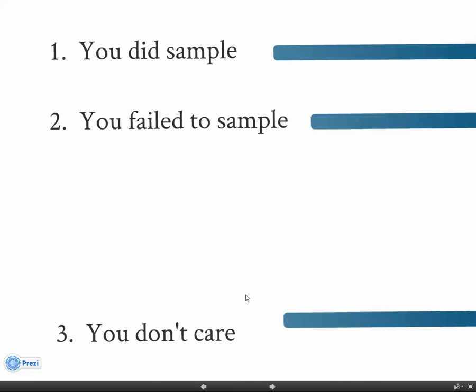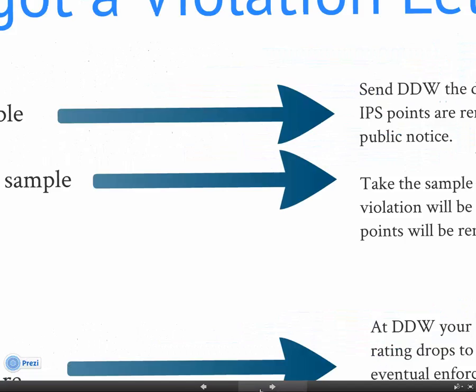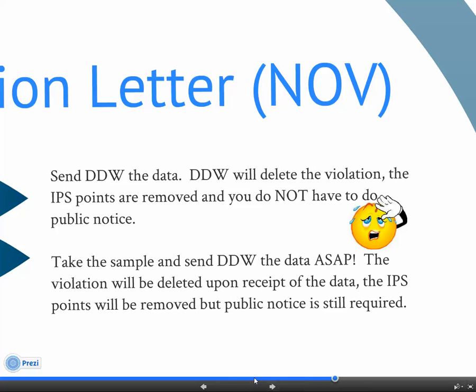Now, if you failed to sample, but you want to remedy the situation, for a chemical sampling violation, it's easy. Just take the sample and send the Division of Drinking Water the data as soon as you can. And what we'll do is we'll remove the violation as soon as we get a copy of the data, which means also that the IPS points get removed.